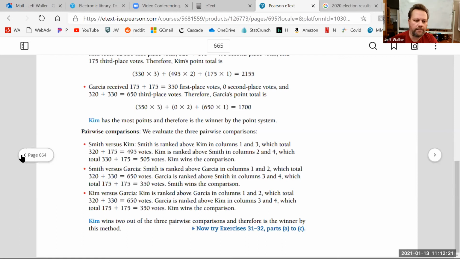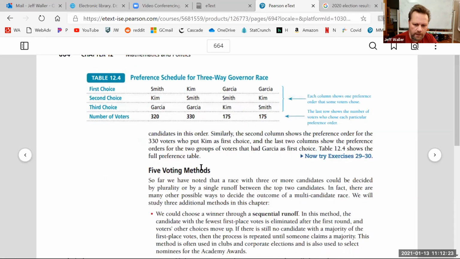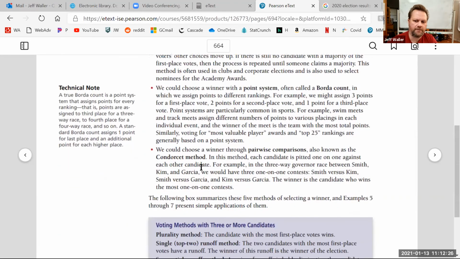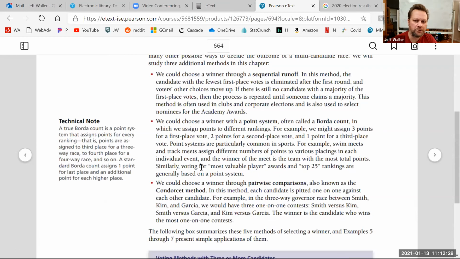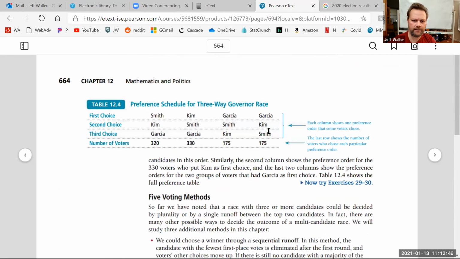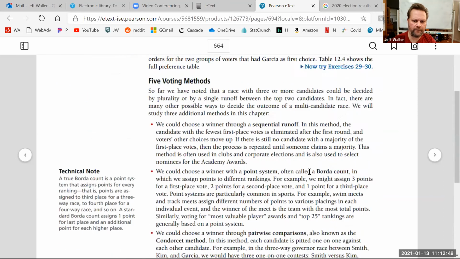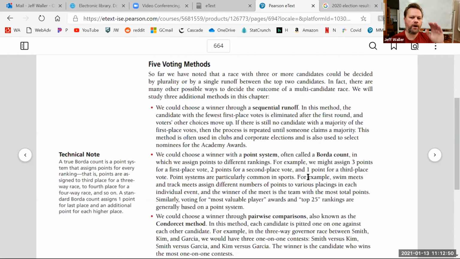All right, now I am not going to make you memorize all the intricacies of these systems. Now listen, the names of these should tell you how they work. But if I give you a problem on a test, I will give you a table like this, and I'd say, do it this way, where you give 1 point for this and 2 points for that.